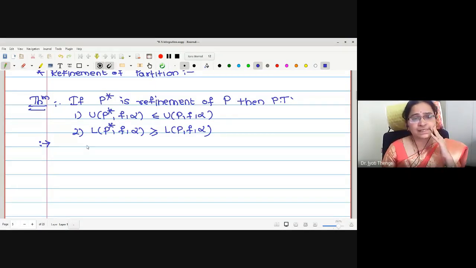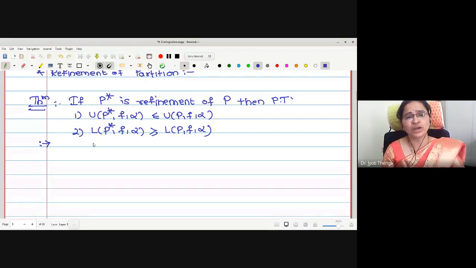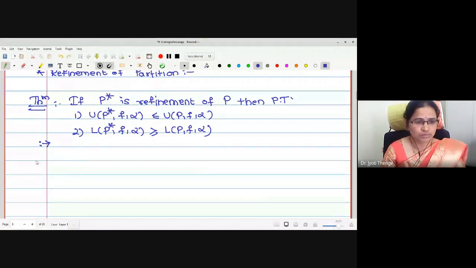In case of considering the refinement of the given partition, to execute the proof of this theorem, what will we do? We will take only 1 point extra in the refinement. Okay, there is only 1 point more than P. Assuming the point, say zeta, is extra and lies in the ith subinterval, we will just prove the corresponding theorem. Therefore, let me write what is the partition.